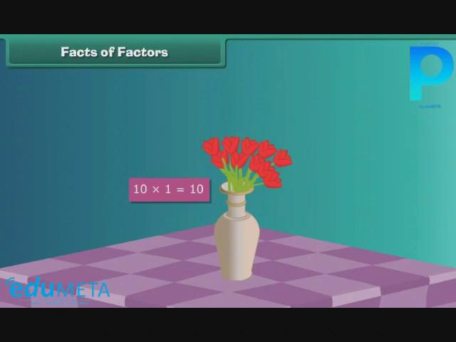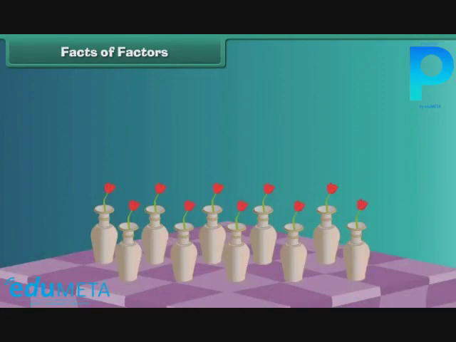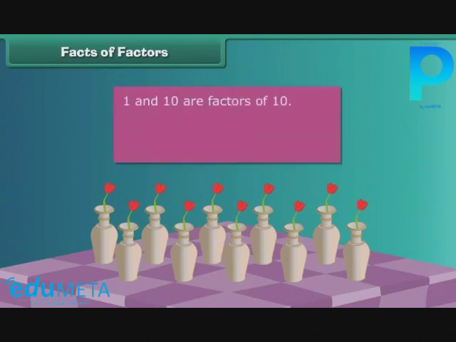Prerna's mother tries out a different arrangement. She places the roses one each in 10 vases. We can express this arrangement as 1 multiplied by 10 is equal to 10. 1 and 10 are factors of 10.